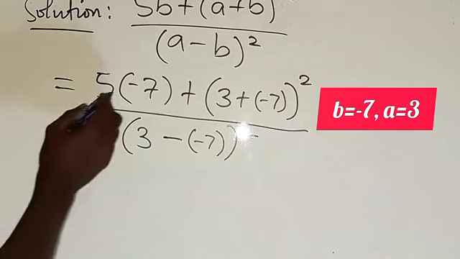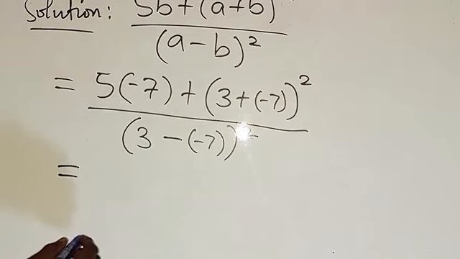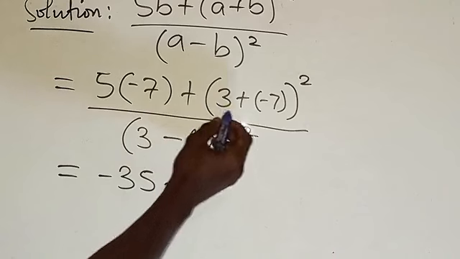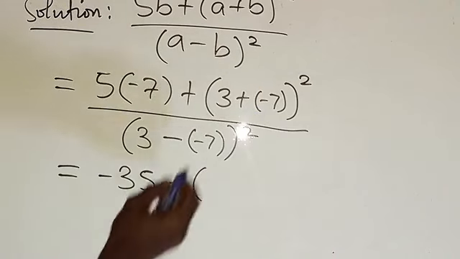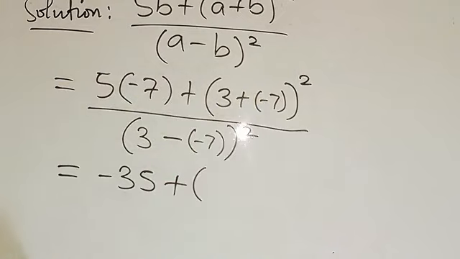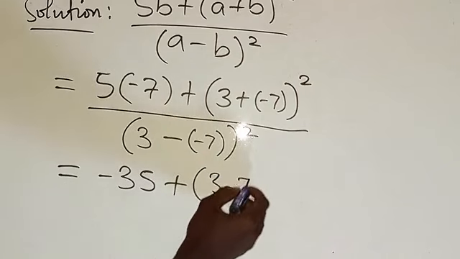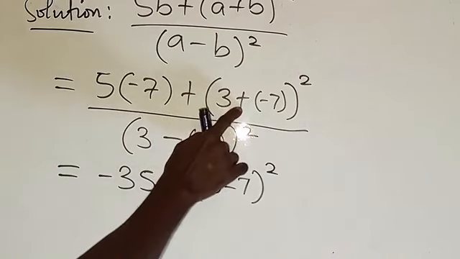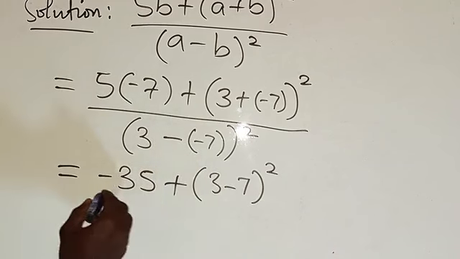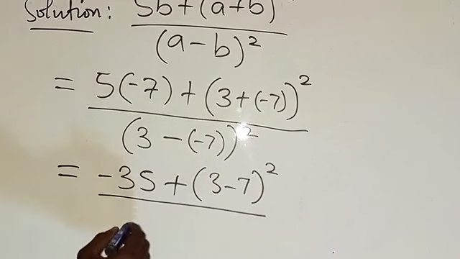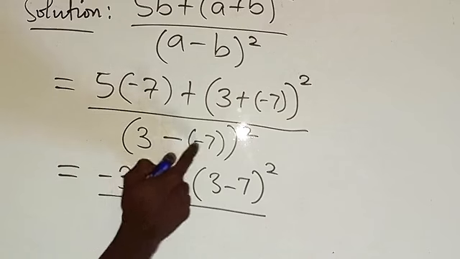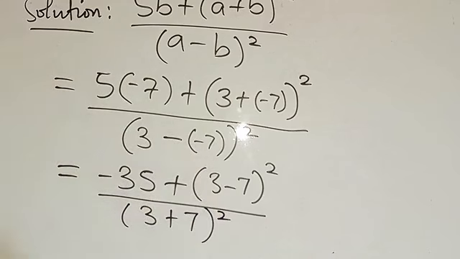So now from here, 5 times minus 7 is going to give us minus 35, then plus, let me simplify inside the bracket. We have 3 plus minus 7, this plus meeting minus gives minus, so 3 minus 7, all squared, divided by 3 minus minus 7, which gives plus, so 3 plus 7, to the power of 2.